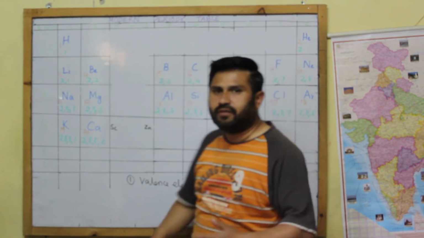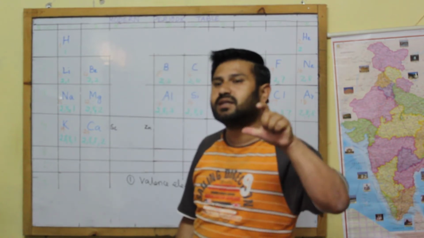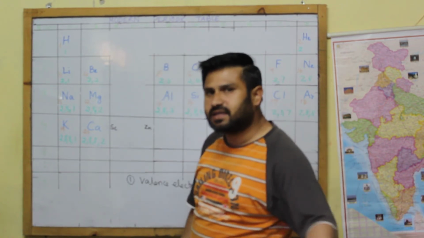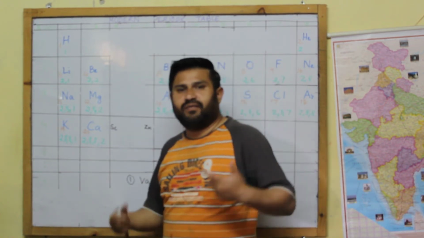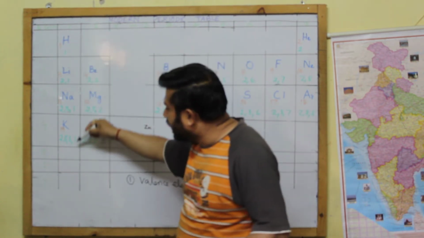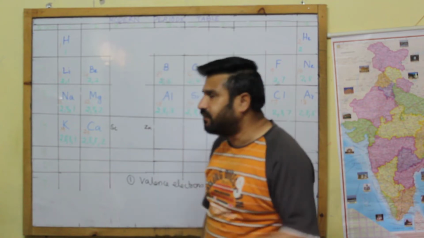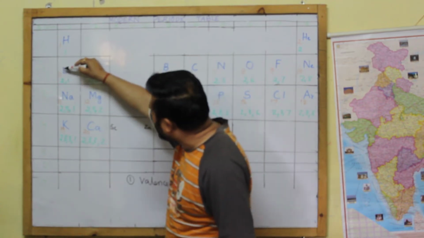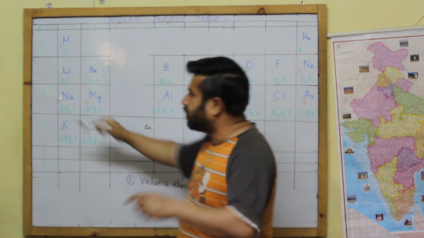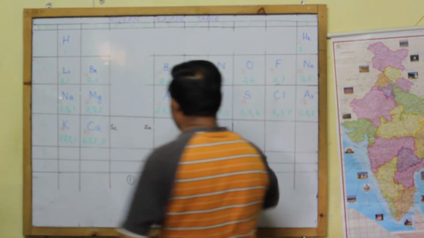Similarly, for all of these, the number of valence electrons in a group remains the same. So if a question is asked, how do valency or valence electrons vary in a group? In a group, it remains the same. Now, what about the valence electrons as we move across a period, from left to right?